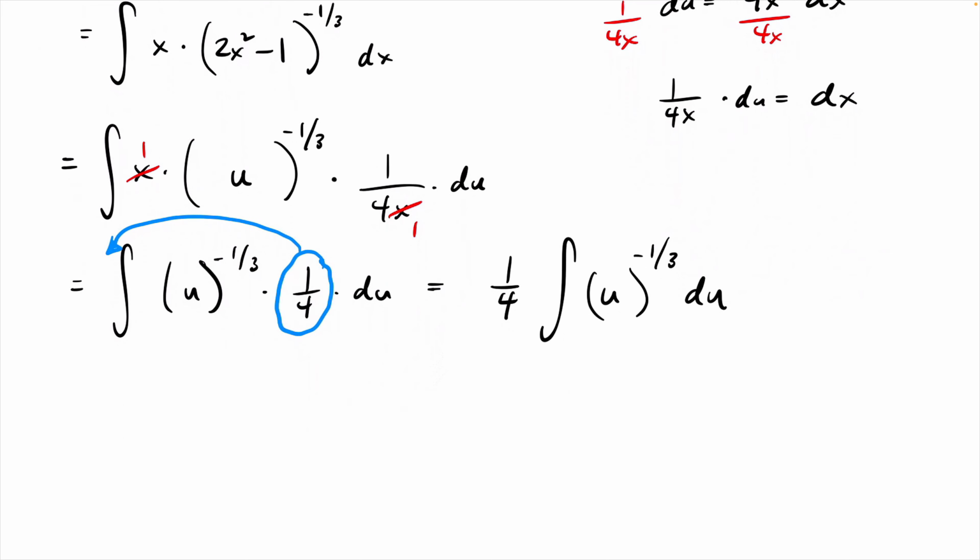Antiderivative. Now power rule. 1/4 times, if I add a whole power, I'm going to get 2/3 power. And then instead of dividing by 2/3, I'm going to multiply by the reciprocal plus c.